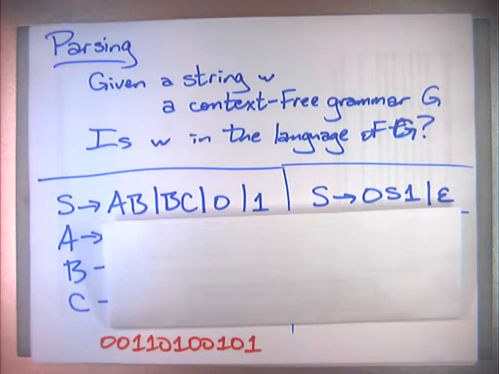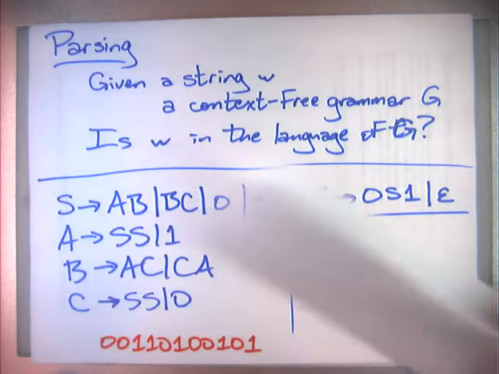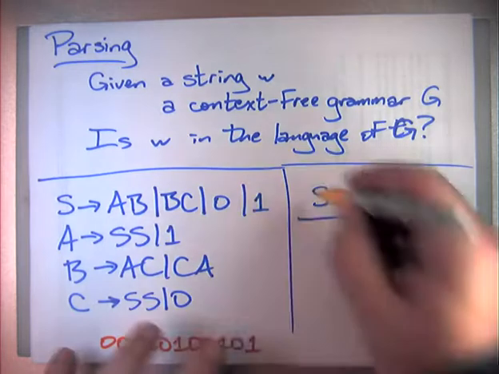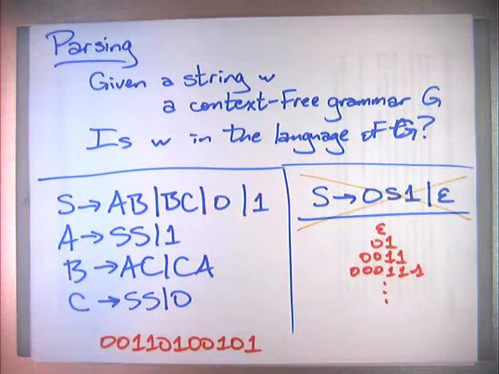Yeah? By checking for terminals first, do you avoid...? This actually is an excellent question. What keeps me from infinite looping here? I'm going to make the following technical restriction in my grammars, which this grammar actually violates, which is no epsilon productions.